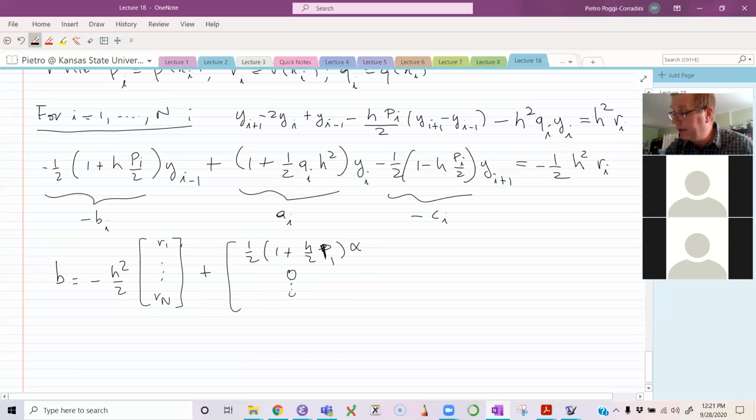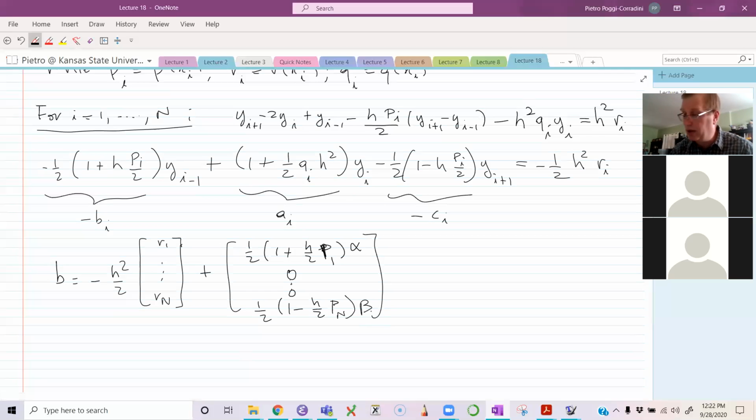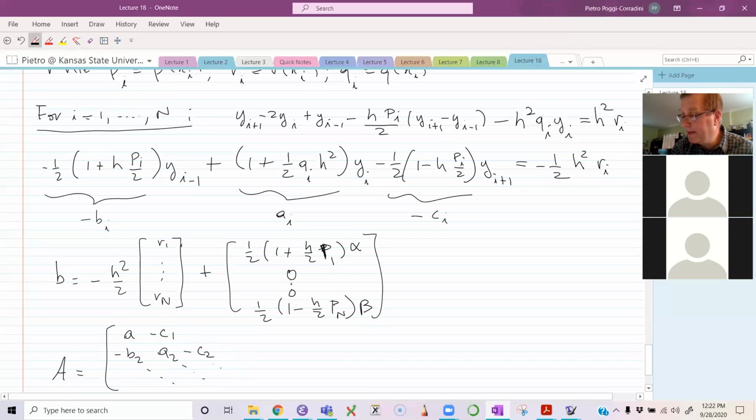These are going to be zeros. And then you're going to have, oh, I'm out of time here. So let me just finish this real quick here. A is going to be a band matrix, and it's going to look like this. So it's going to be tridiagonal.